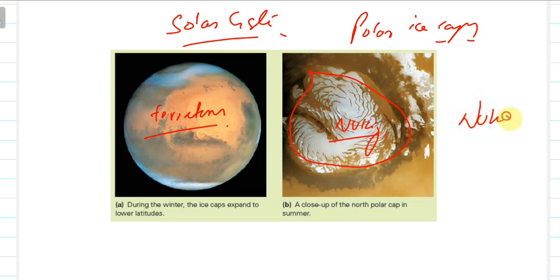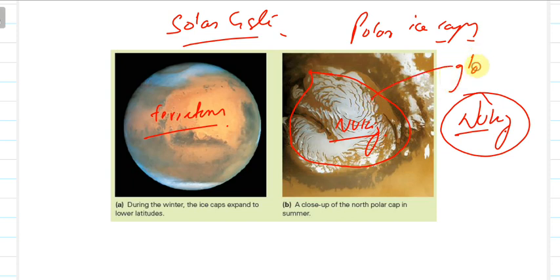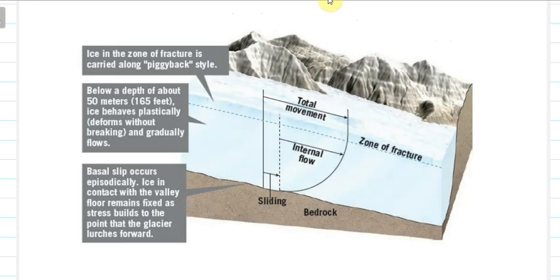Nuking का मतलब होता है when we just nuclear bomb away these ice sheets, and this will cause a global warming type of phenomenon, and by this we can generate an atmosphere on this planet. This was proposed by Elon Musk and other scientists.